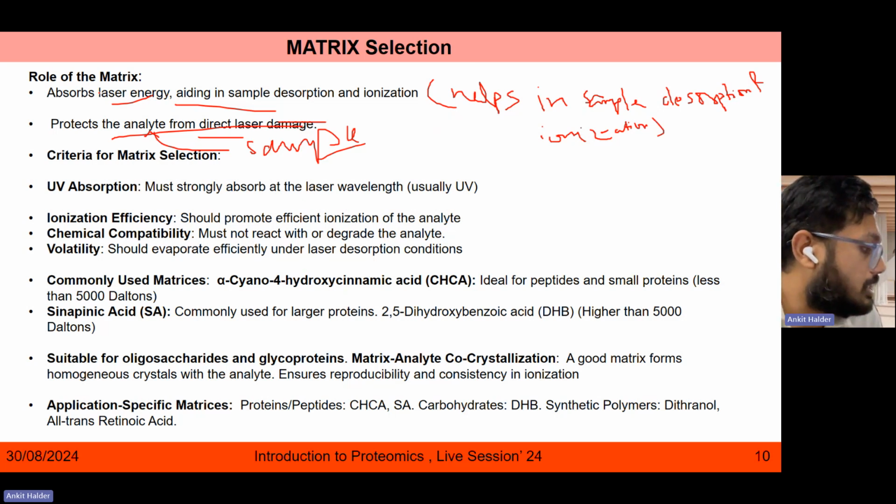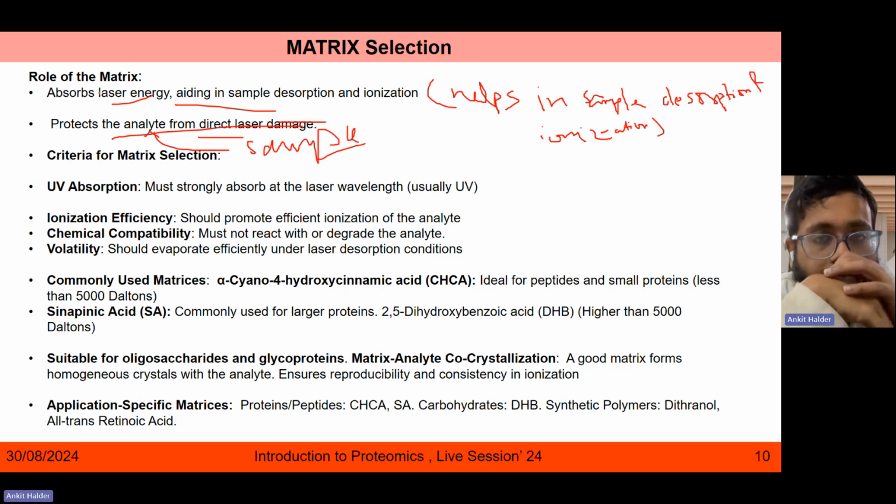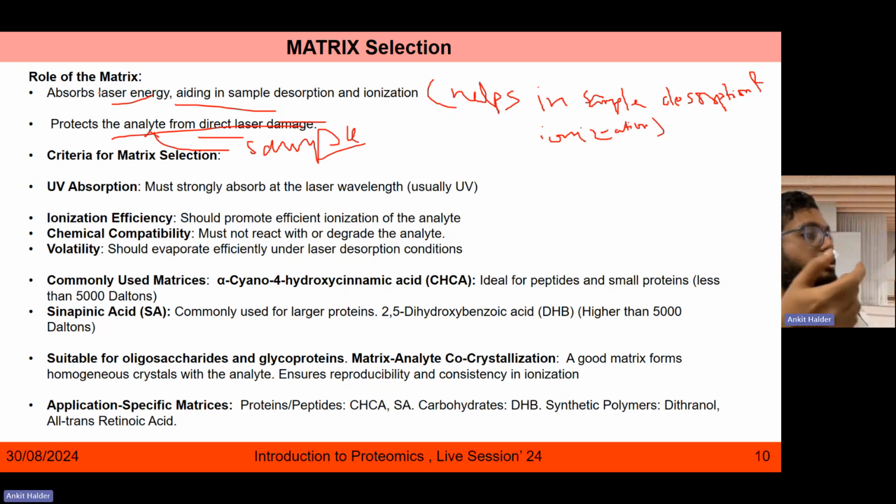So what are the criteria for matrix selection? So first of all, UV absorption. It must strongly absorb the laser wavelength, which is generally the UV.